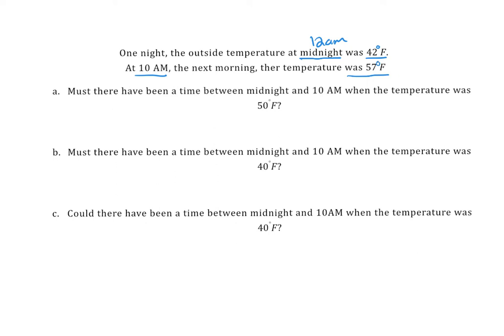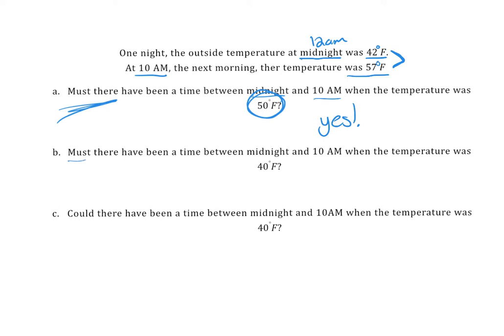Time is continuous. Also, temperature is continuous. You can't jump from 30 degrees to 50 degrees without passing every temperature in between. So must there have been a time between midnight and 10 a.m. when the temperature was 50? Is 50 in between 42 and 57? Yes, there has to be a time.